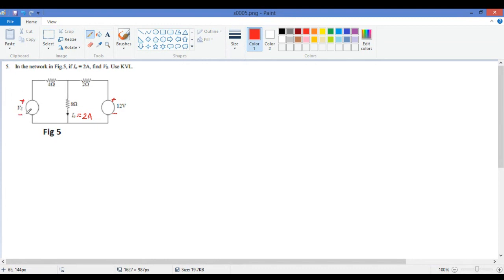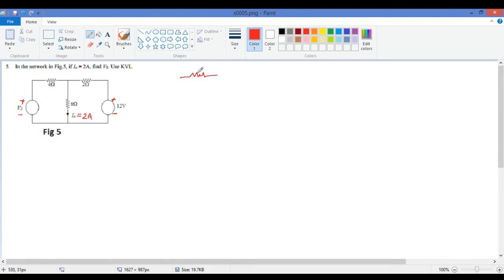Now we know that a resistance is a passive element. What do we mean by passive elements? Passive elements generally absorb power. We know about power supplied and power absorbed.